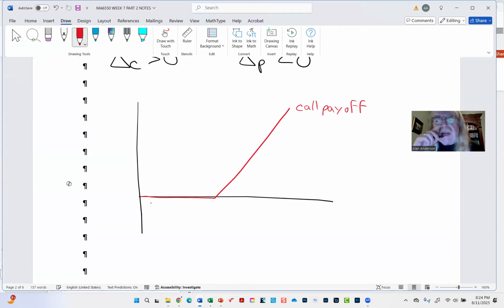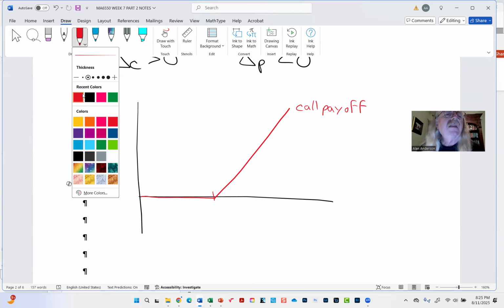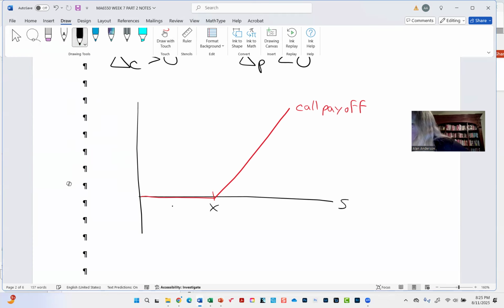So a couple of chapters back, we introduced calls and puts. And this is the payoff profile to the call, which means that as long as the stock price, or the spot price of the asset, is at or below the strike price, here the payoff would be zero.